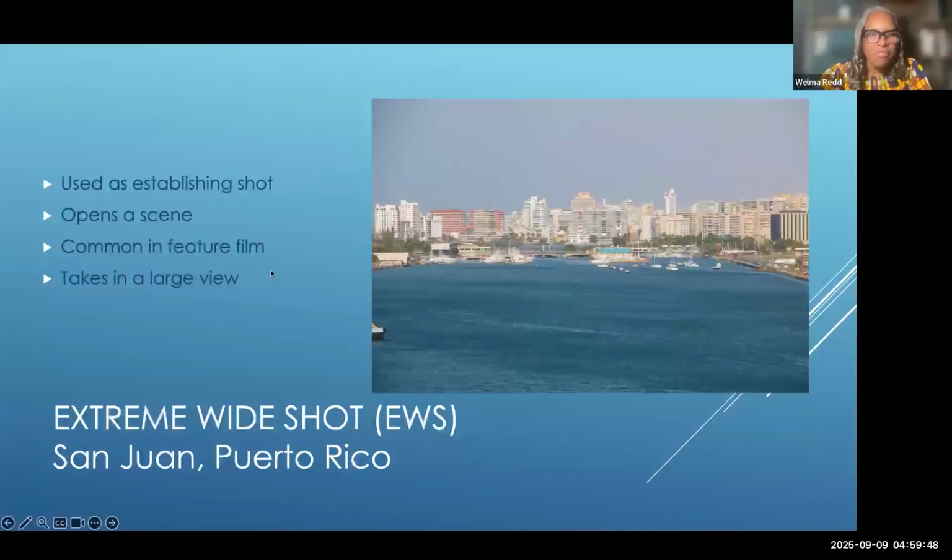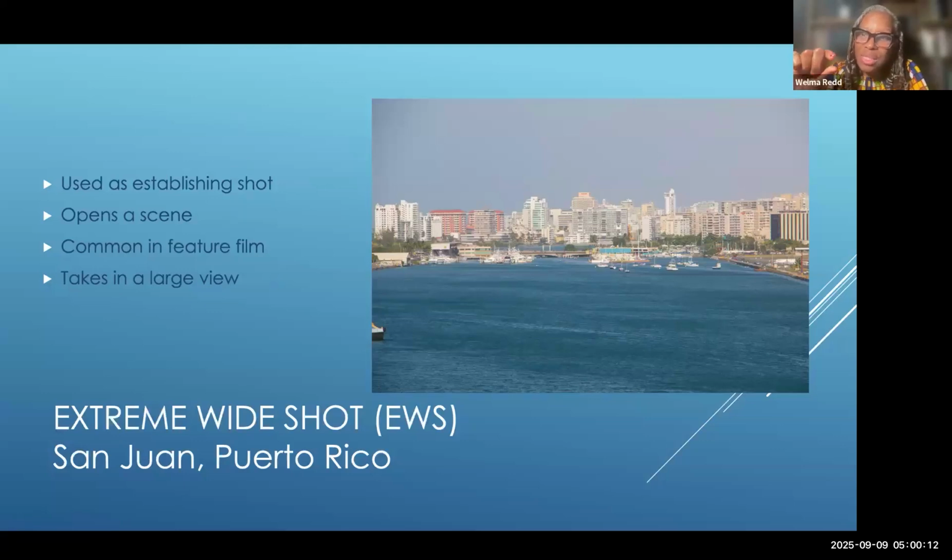We have different kinds of shots. I took this picture on a cruise ship, just outside of San Juan, Puerto Rico. And this is called an extreme wide shot.